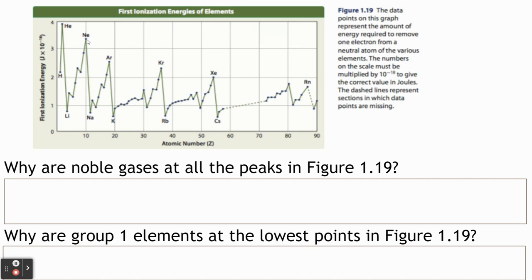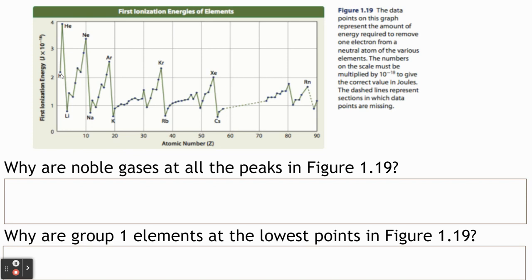So that's why they have a higher first ionization energy within their period. That really represents the period, and this is more towards the right, more effective nuclear charge. All these elements here have the same number of shells, and so would neon, but it has a greater effective nuclear charge.